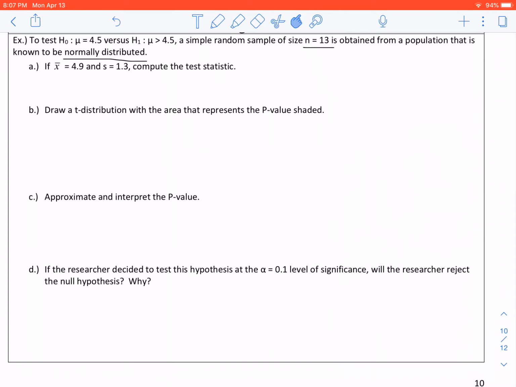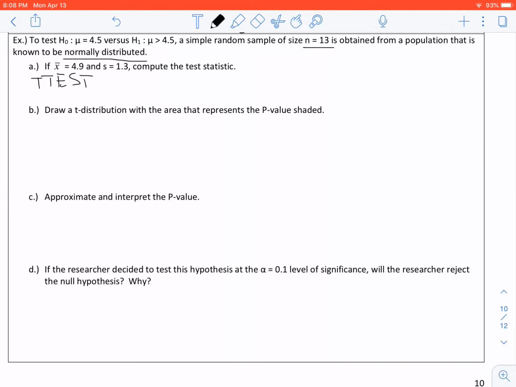So first of all, it gives us x bar equals 4.9 and s equals 1.3, compute the test statistic. So in order to compute our test statistic, we are going to go to t-test and enter in all of the values that we have. And again, they already gave us our null and our alternative. They're listed up above.